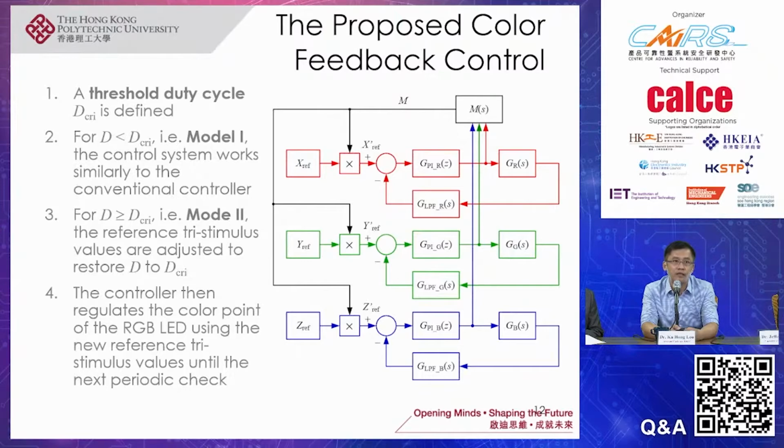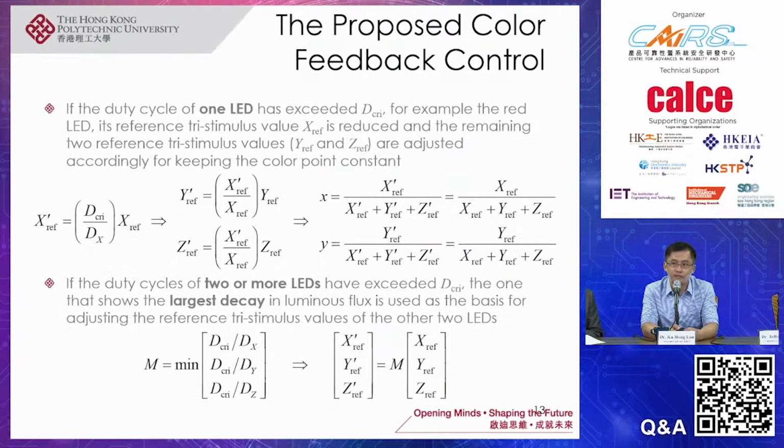Doing so inevitably causes the overall luminous flux of the total light output to decrease. But the advantage is that we gain back control of the color performance of the system, and we maintain the color point of the system.